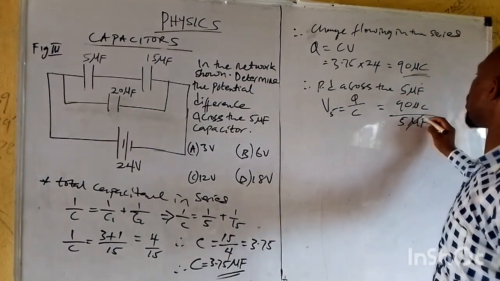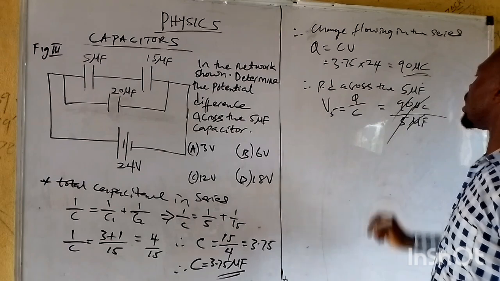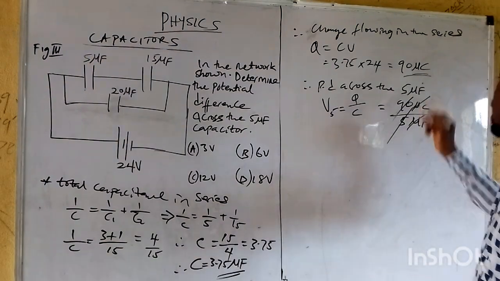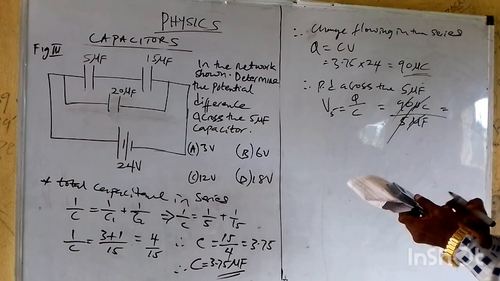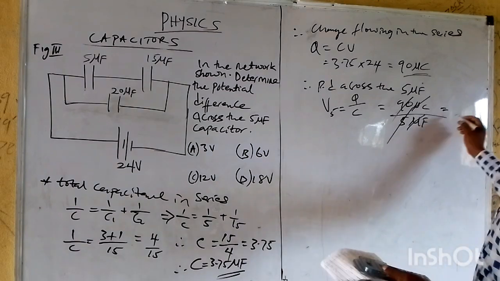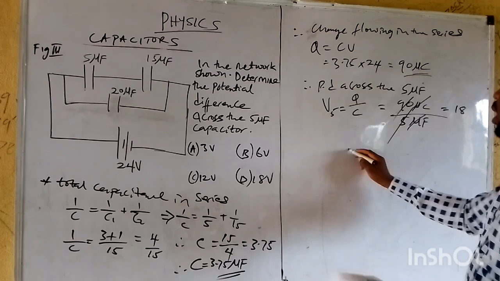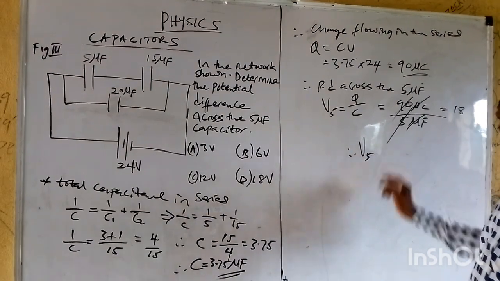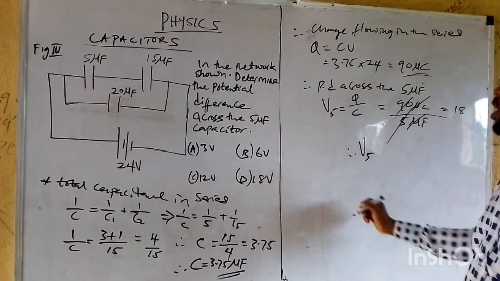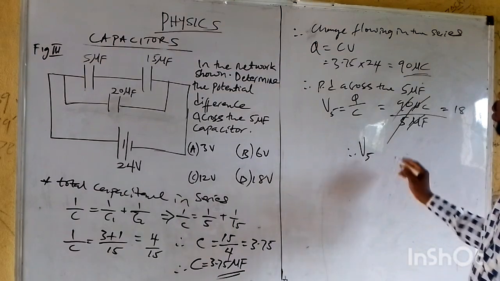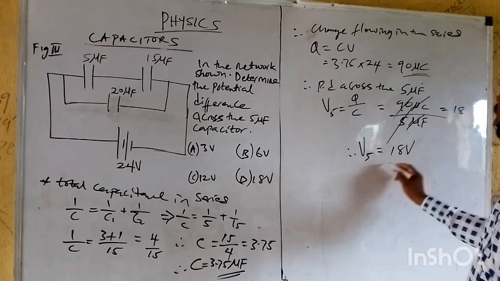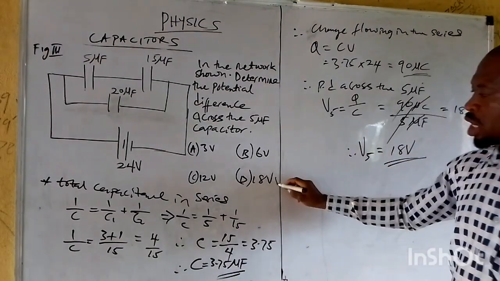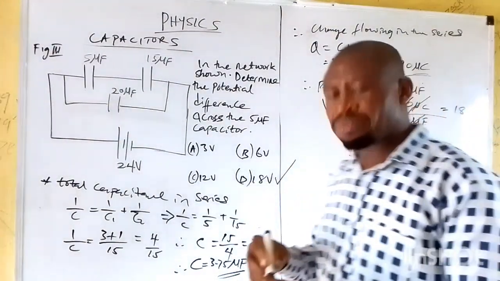Micro can take care of micro, and then 5 can cancel 90, and then 90 divided by 5 will give us 18. Therefore, potential difference across the 5 microfarad capacitor is 18 volts. And of course, it's option D.